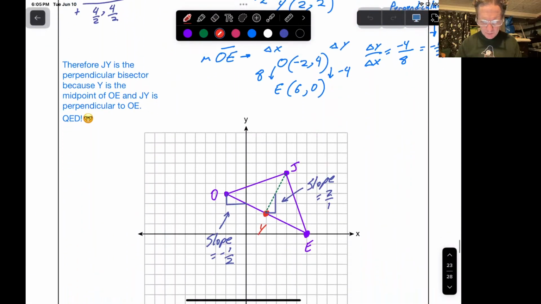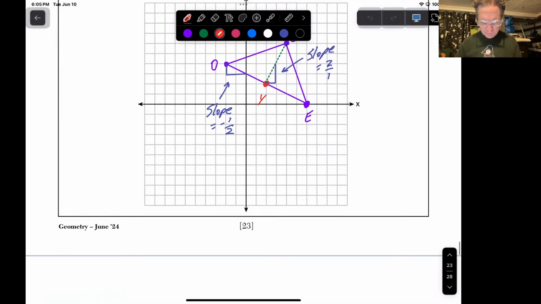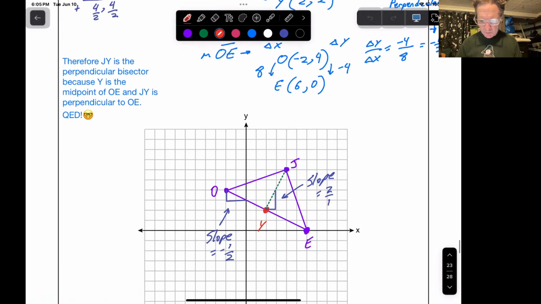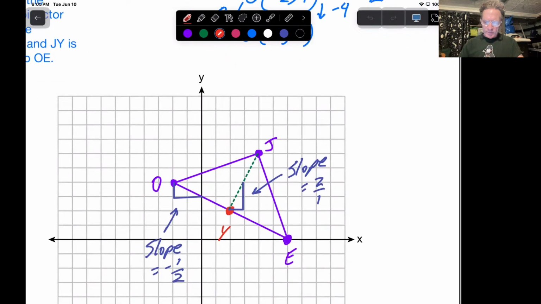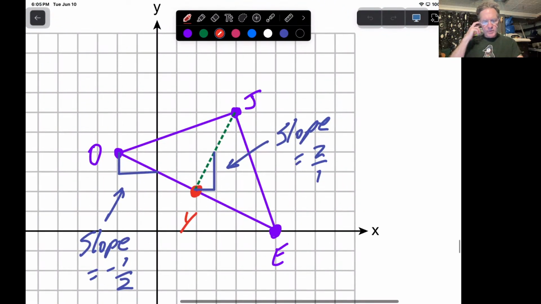So down here, I plotted Y, right? And then, if I want to prove that it's the perpendicular bisector of OE, there are 2 things I need to prove. One, I need to prove that OY is congruent to YE.